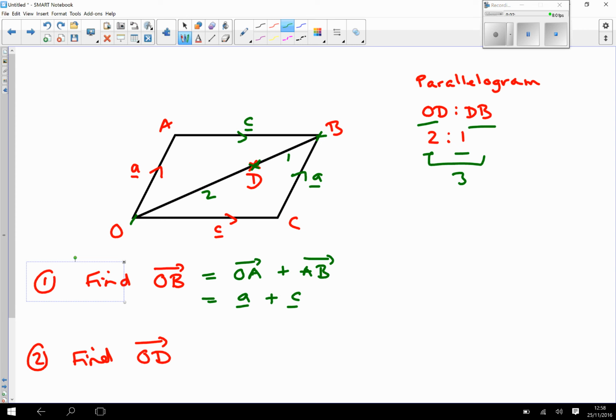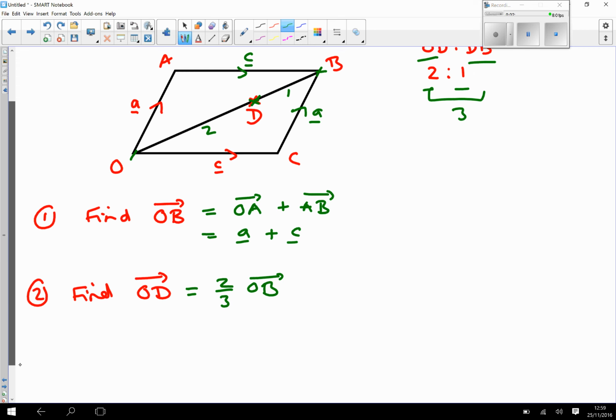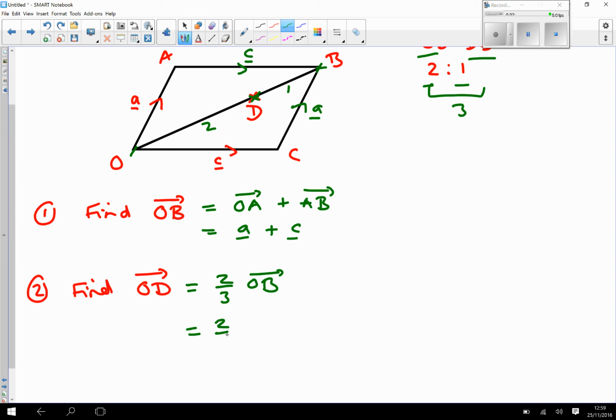So OD must be 2/3 of the way from O to B. Now you notice in part 1, I've just worked out what OB is. So that's 2/3 of OB, which we found out was a plus c. So 2/3 of (a plus c). If I expand out that bracket, I get 2/3 a and 2/3 c.